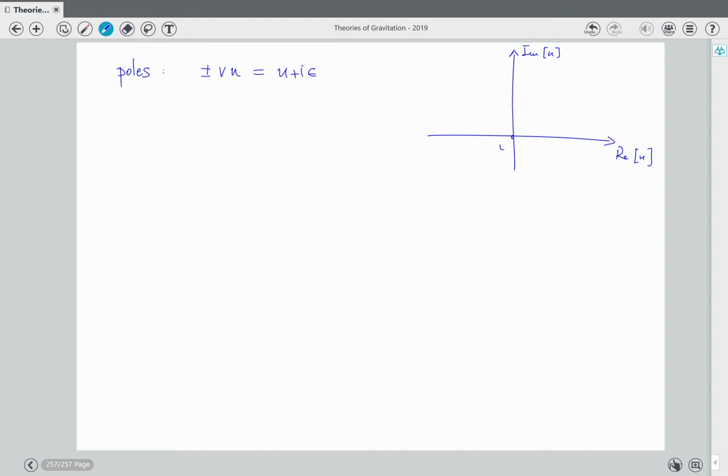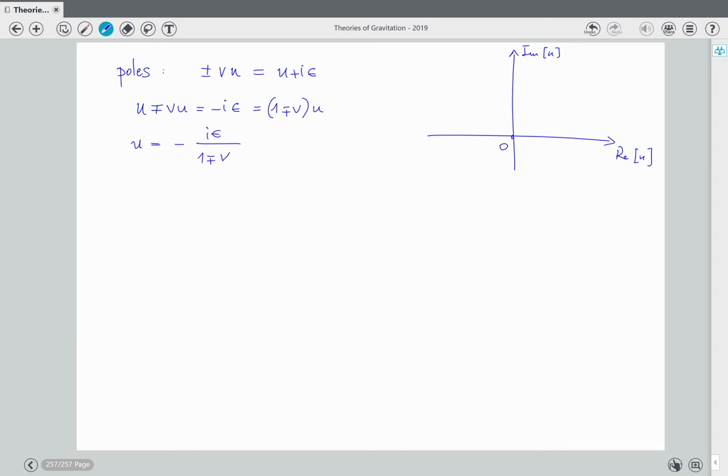And let's see where the poles are located. So I move this to the right hand side. So I find u minus plus Vu equals minus i epsilon. So that is 1 minus plus V times u, which means that u is equal to minus i epsilon divided by 1 minus plus v.